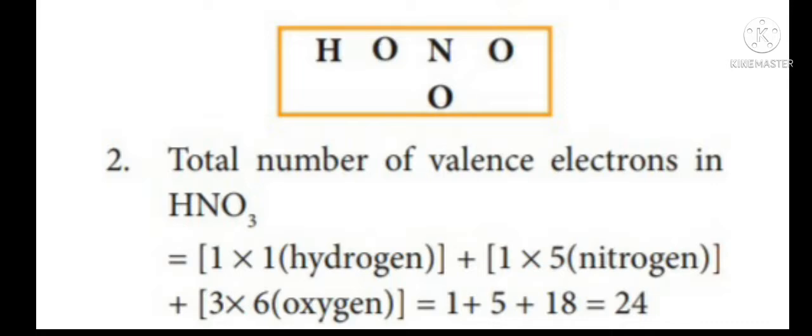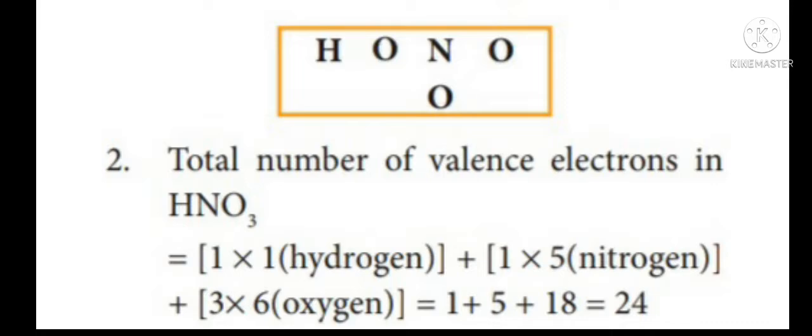In 1 into 1, the first 1 represents the number of hydrogen and the other 1 represents the number of valence electrons in hydrogen. In 1 into 5, 1 represents the number of nitrogen and 5 represents the number of valence electrons in nitrogen.